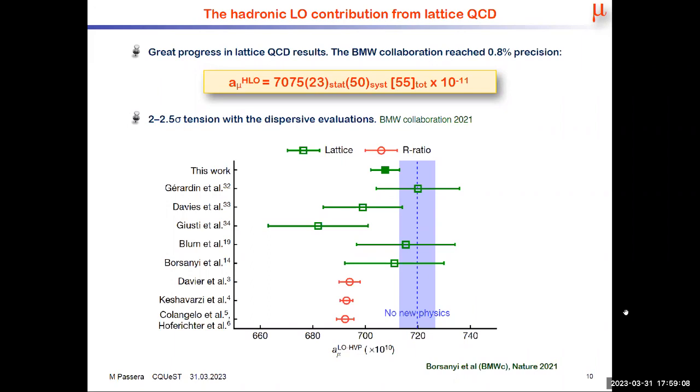Okay, any other question? Yeah, may I ask you some questions? Yes, sure. My query is, although this is not part of this talk, what is the status of the electron g-2? We had two results.